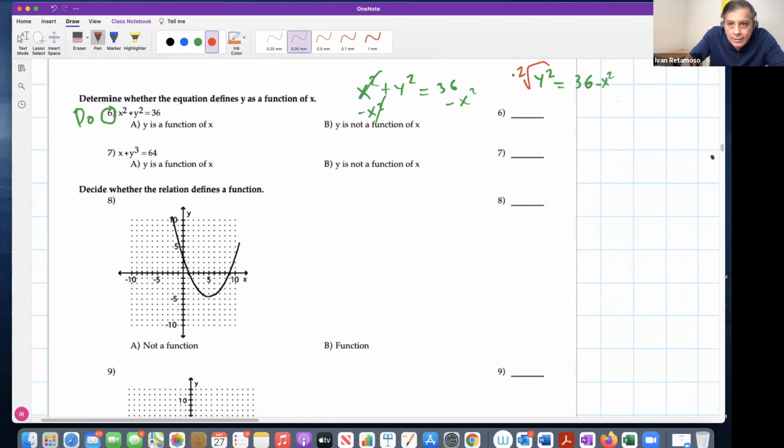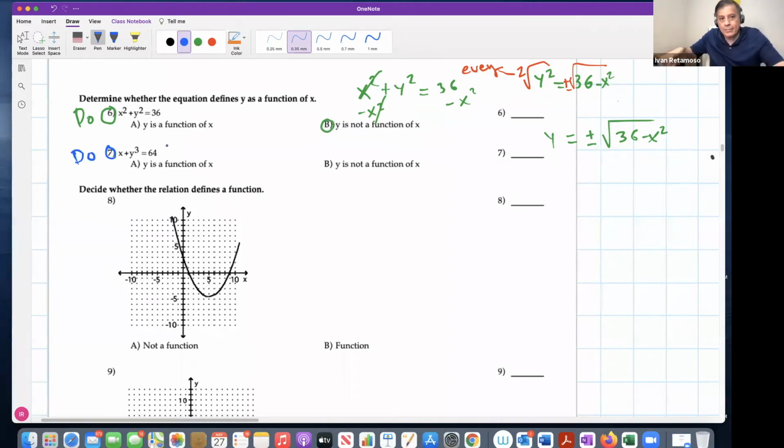Remember, this is even. This is the reason why this is not going to lead to a function. This comes with a price: plus minus. So we're talking about y equals plus and minus the square root of 36 minus x squared. This is not good for a function. So you say y is not a function. Excellent. Try this, guys, and then probably we will take a break.